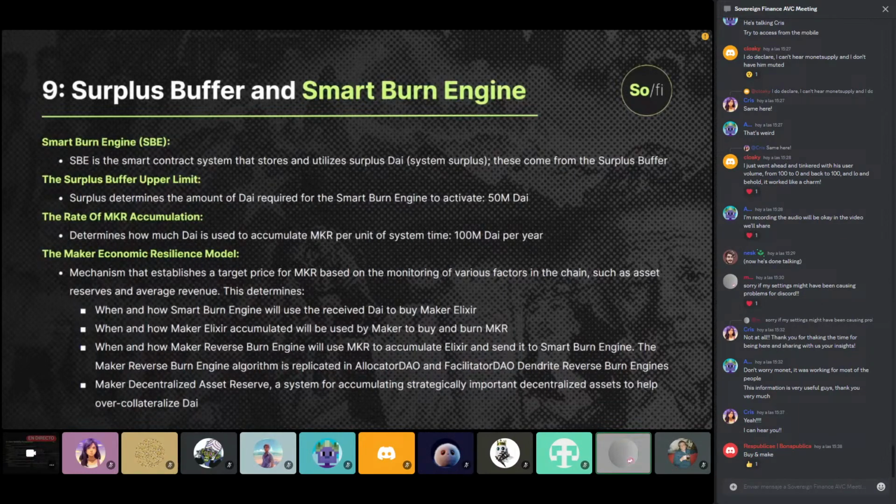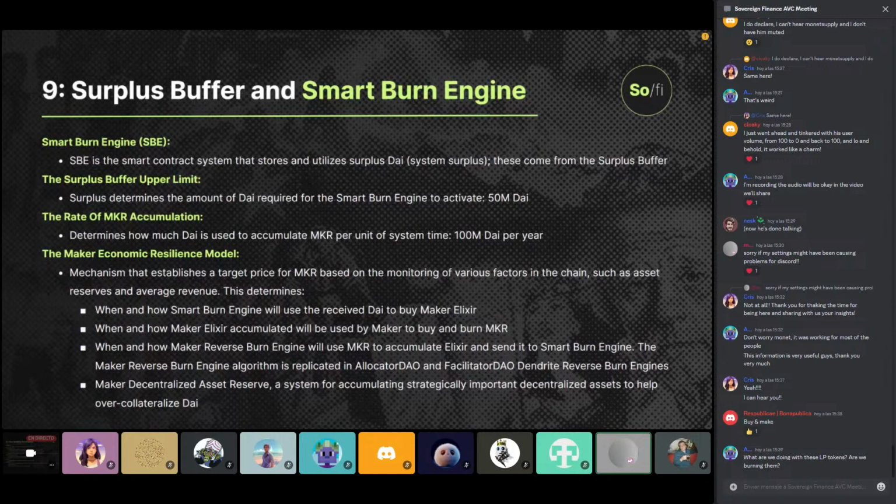And we've been working on trying to optimize that a bit. So basically you need to consider what the gas costs are for operating the smart burn engine, and then compare that against the slippage that you might end up incurring, or the trading costs depending on how much MKR you're buying at once, how frequently.